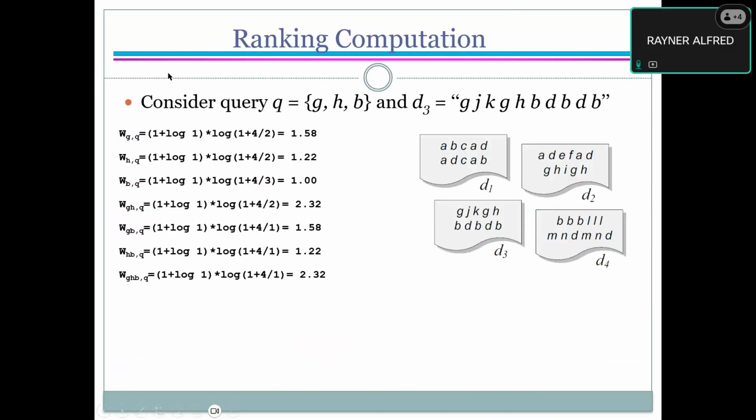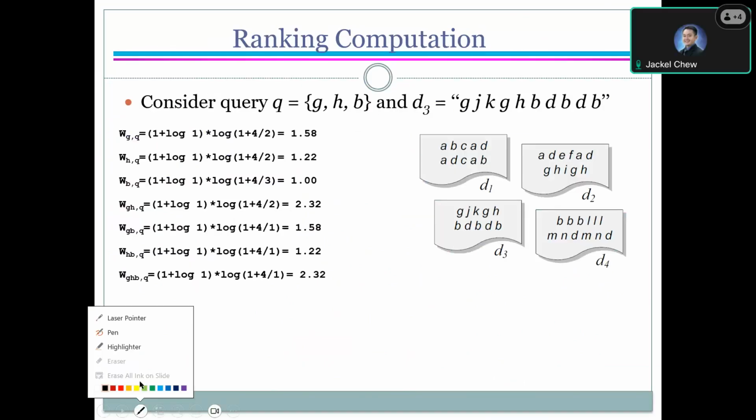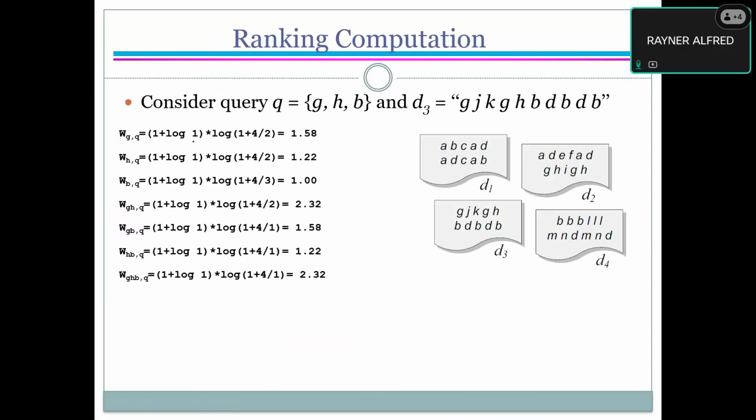The frequency of the term set. So that means this one is actually the number of occurrences of G in Q. So I put Q here. This is only calculating the weightage of the term set with respect to the query. So semua satu lah. Semua ini satu.